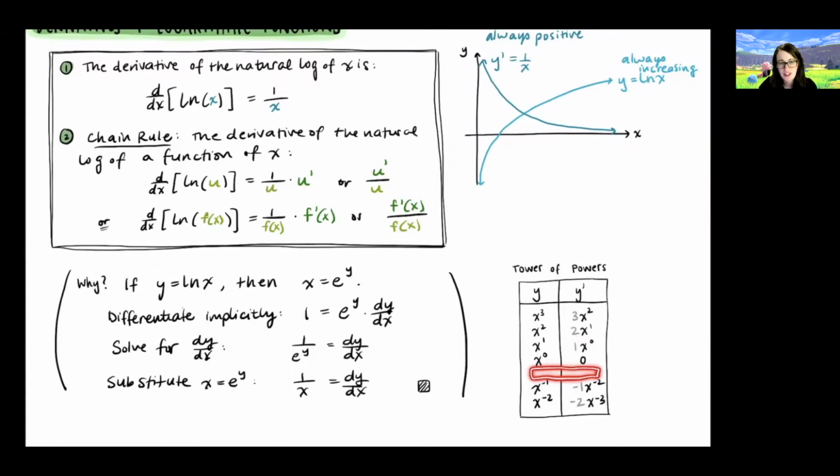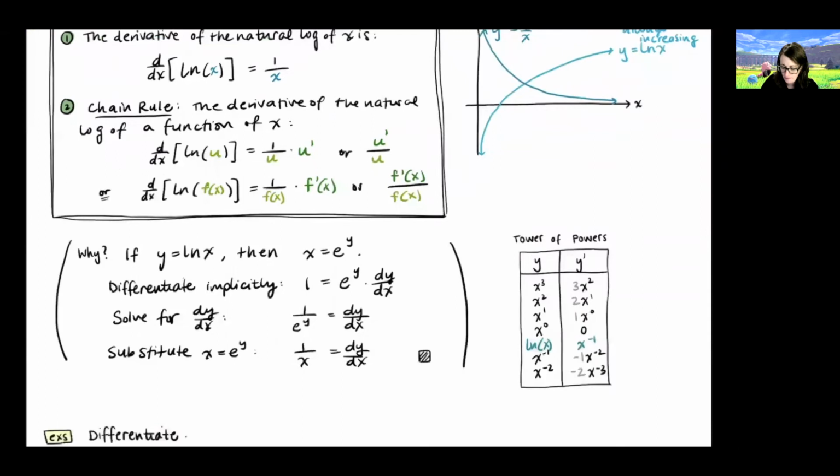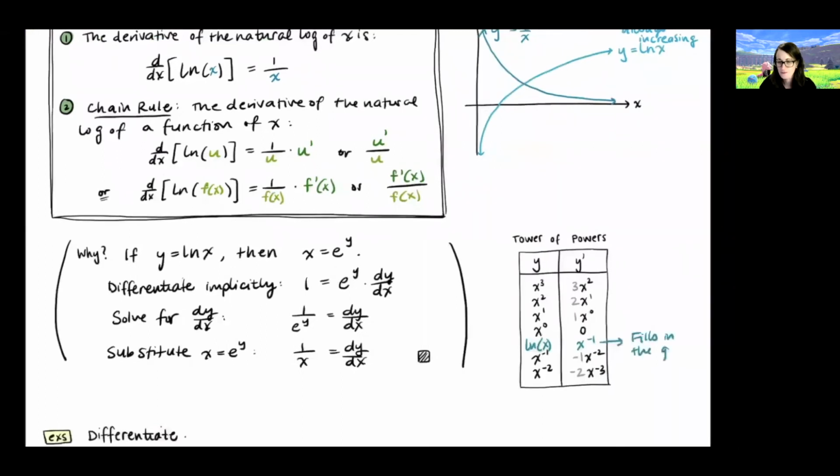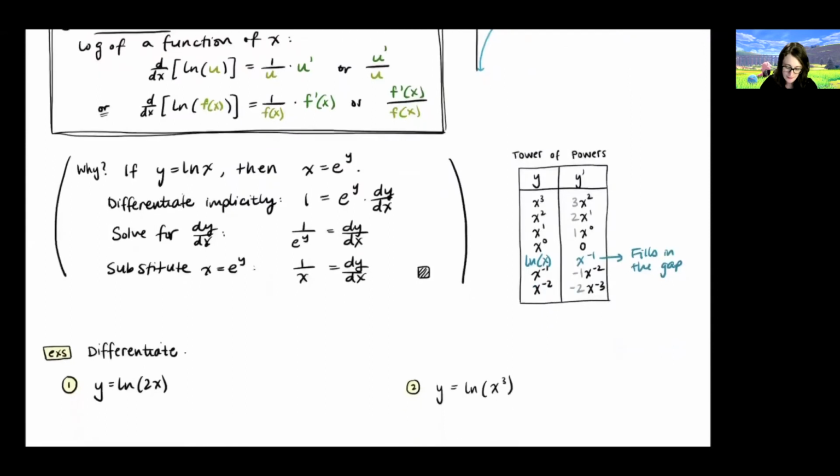It's the only function where you get a power of x as your derivative when you didn't start with a power of x, which is kind of cool. So this natural log of x here fills in the gap. Okay, so let's practice using this and differentiating some things involving the natural log of x.